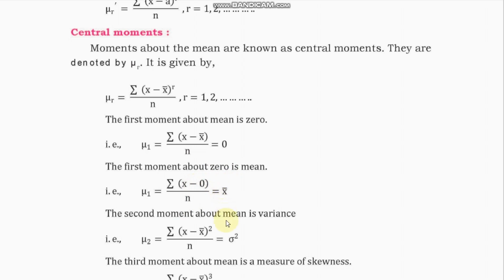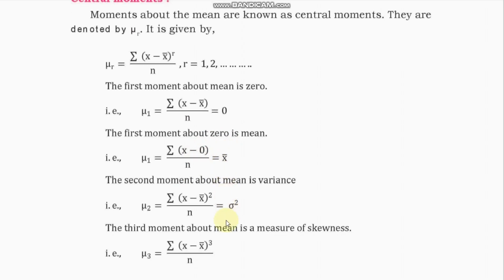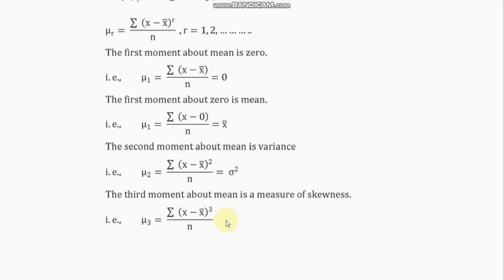Next, the second moment about the mean is variance. Here in the place of r, you are changing the values 1, 2 and so on. When you substitute r as 1, that results in 0. If in place of r you put 2, then summation of (x minus x bar) square divided by n is equal to sigma square.